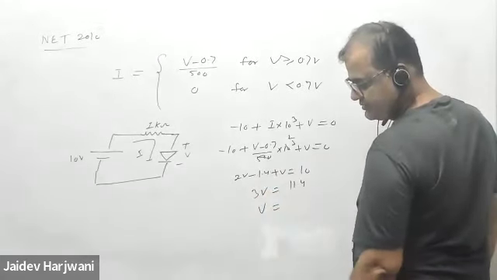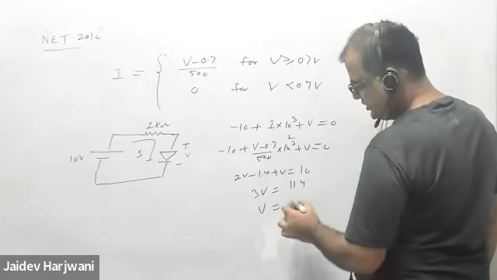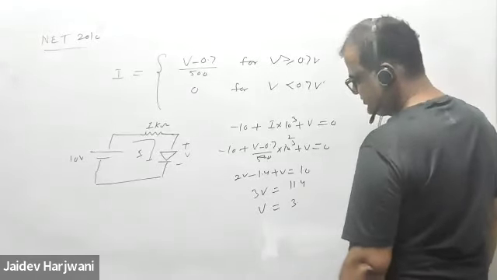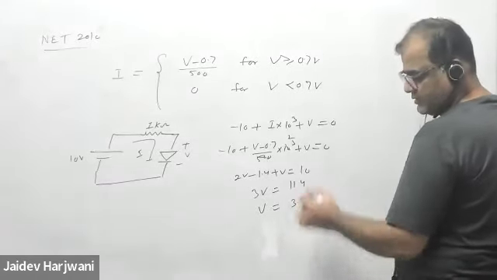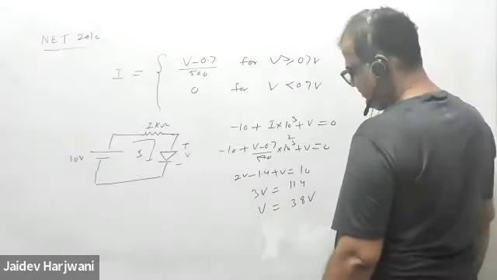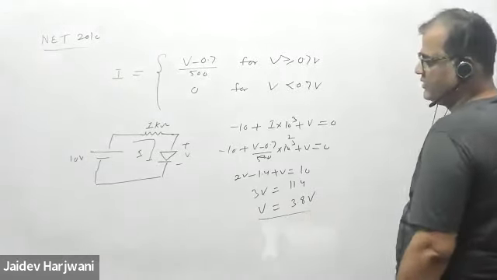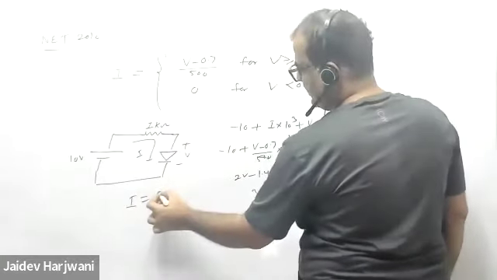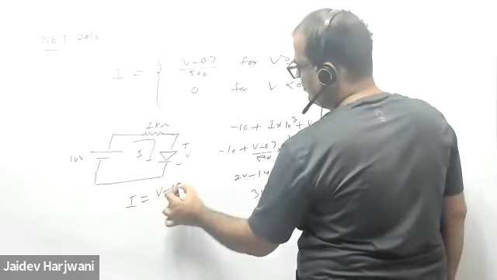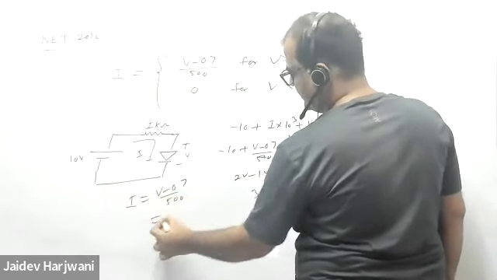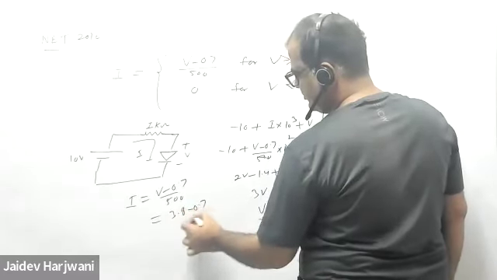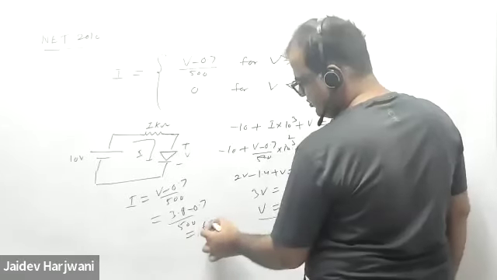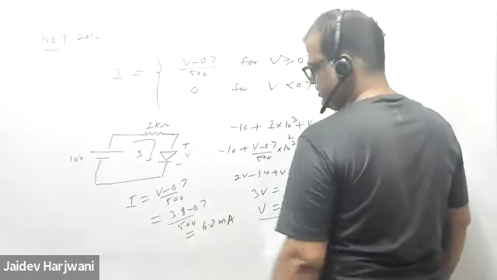So V will be how much? 3.8 volt. So the voltage value is 3.8 volt, and now you can find the current. I is V minus 0.7 divided by 500, so 3.8 minus 0.7 divided by 500, and this comes out around 6.2 milliampere.